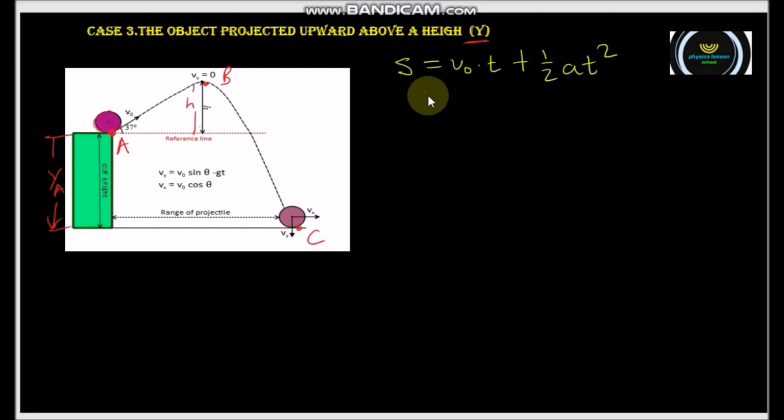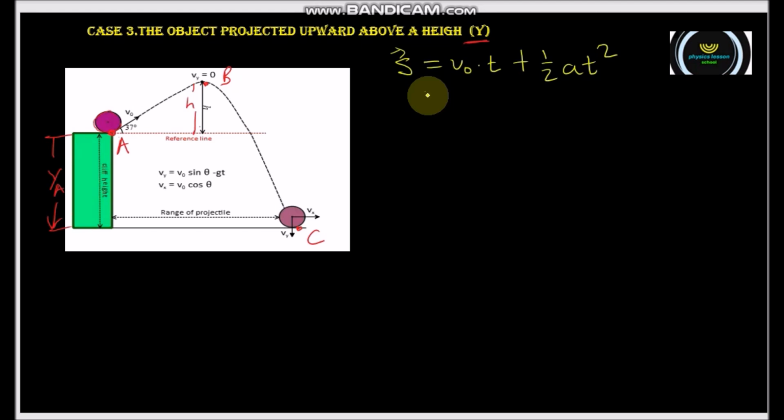In our projectile motion we have acceleration due to gravity. Again, we consider the direction and the vector physical quantities. That means the displacement, in our case we are looking for the vertical.